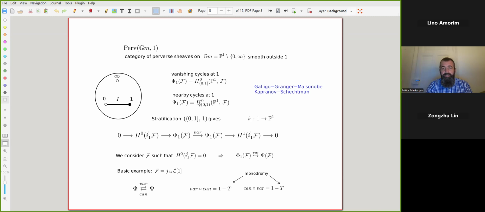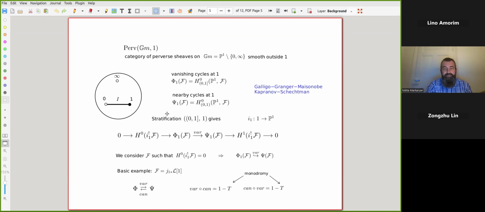In particular, if you stratify your semi-interval by a semi-interval and this point 1, it gives you a cone, and the corresponding exact sequence is the so-called Milnor triangle, and this map is the variation map from vanishing cycles to nearby cycles.